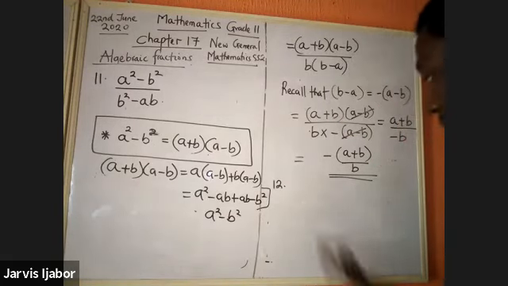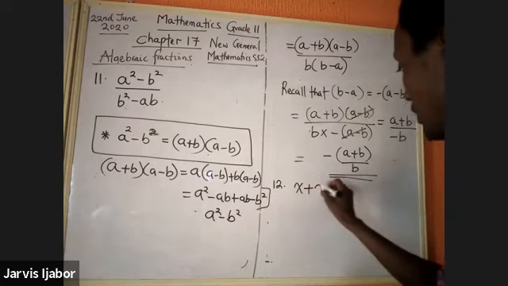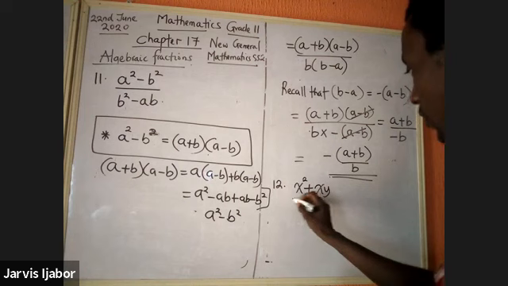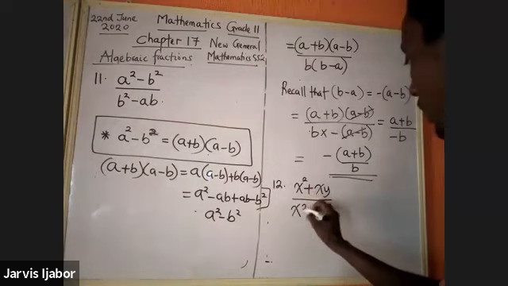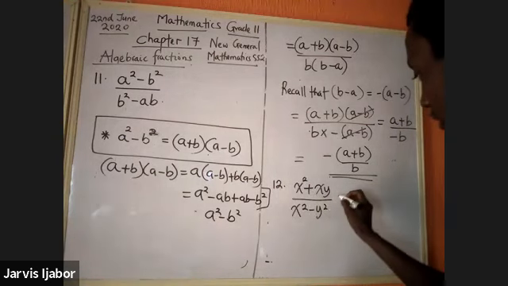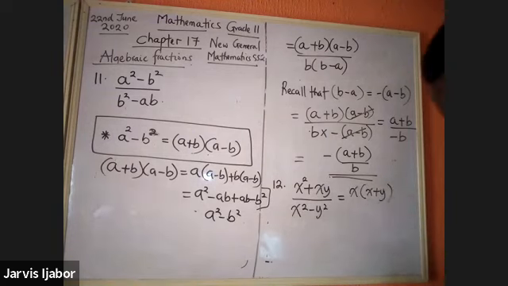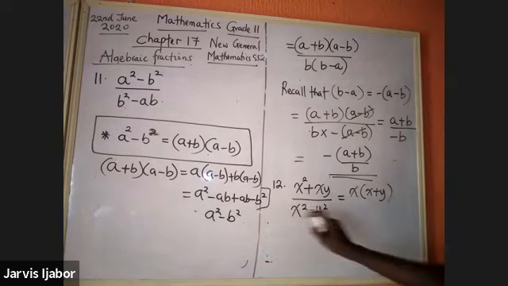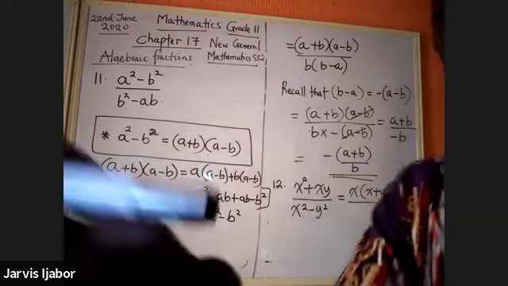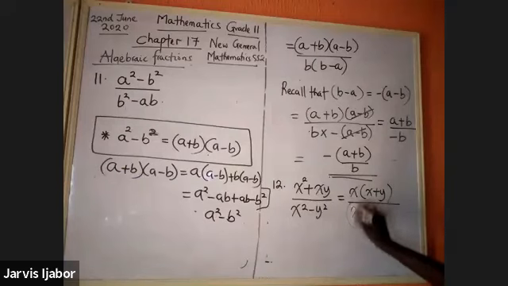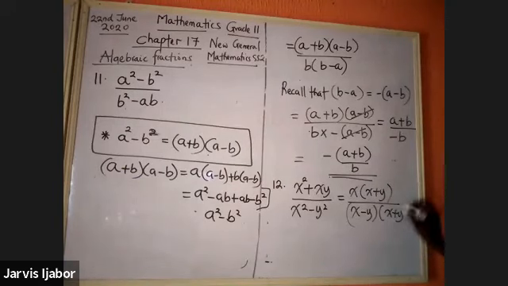All right, so let's look at the next question. We have x squared plus xy over x squared minus y squared, and this will be x into x plus y. And this is x minus y into x plus y.